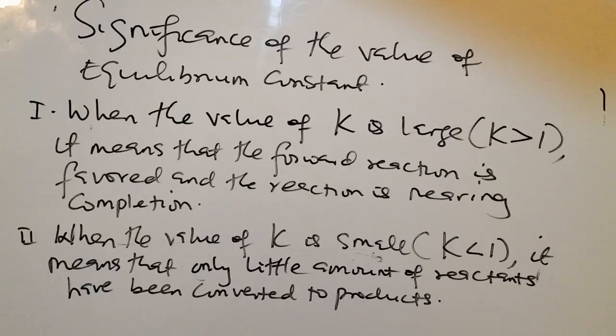So when K is more than 1, much of the product has been formed. Number two, when the value of K is small, that is when K is less than 1, it means that only a little amount of the reactant has been converted to product. That means the reaction is still incipient. The reaction has not gone far. So that is very important to note.